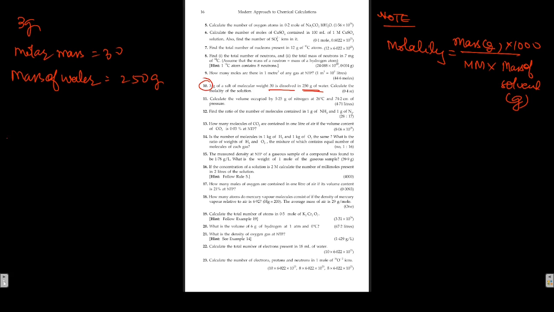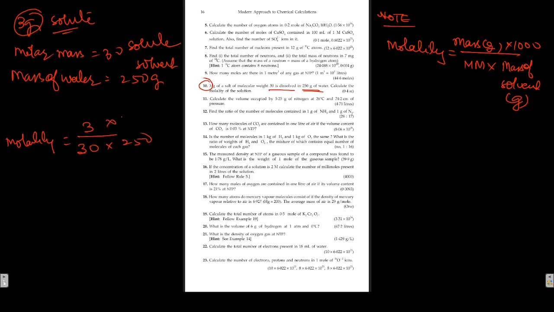So apply the same formula. 3 gram of solute, whose molecular mass is 30, and the solvent is 250, and here is 1000. So these things are very easy. Here you calculated, you got the correct value.